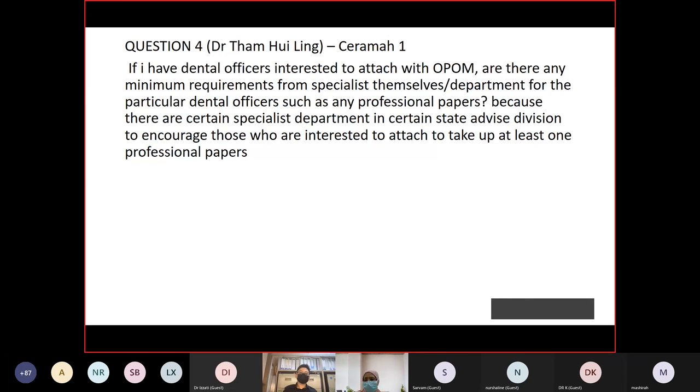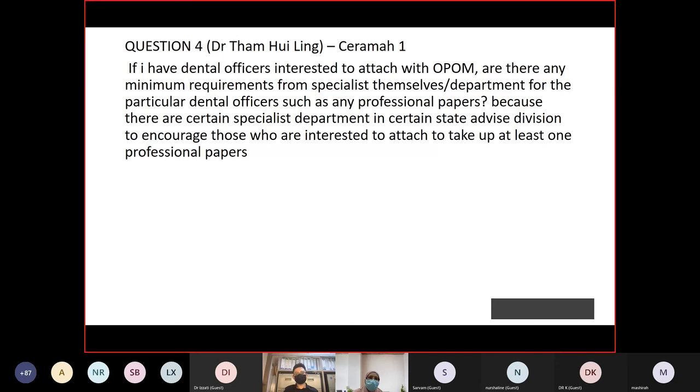Now for Dr. Tam, since you are from Sarawak, I'd like to inform you, especially those in Sarawak, that we currently have a working group. We just established a working group last week. We are finalizing the guidelines for officers who are interested to do attachment with a certain specialist.